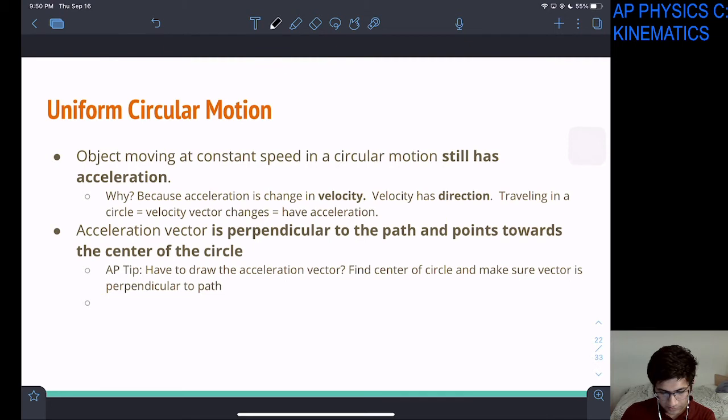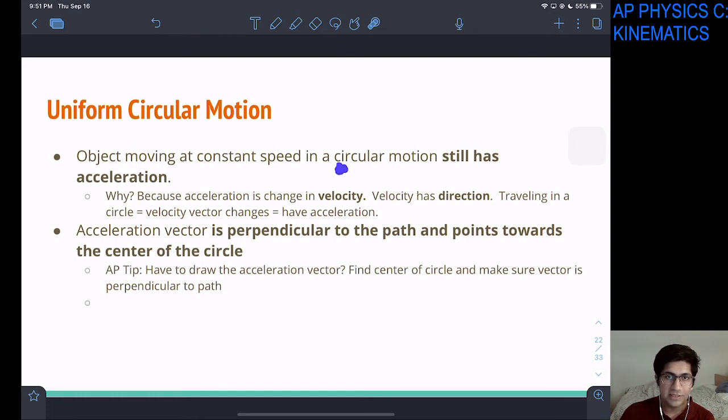Okay, so now we're going to move on to uniform circular motion. Earlier we were just talking in general about objects moving around, and there's a special case where an object moves in a circle. When objects are moving at a constant speed in a circular motion, it actually still has acceleration.